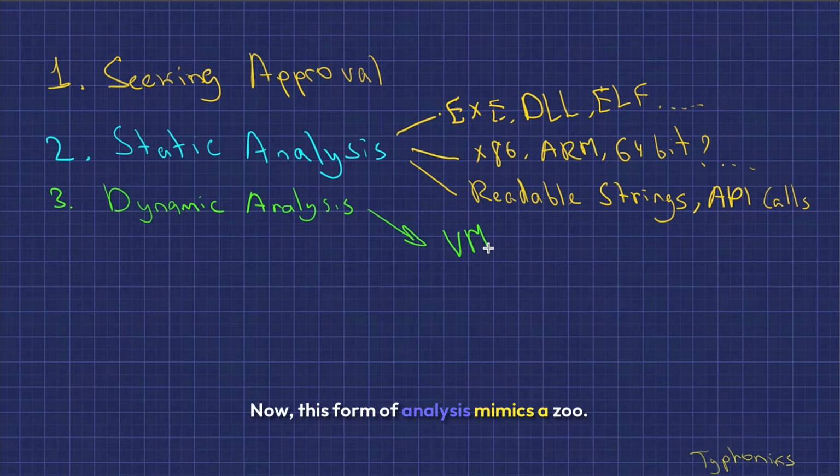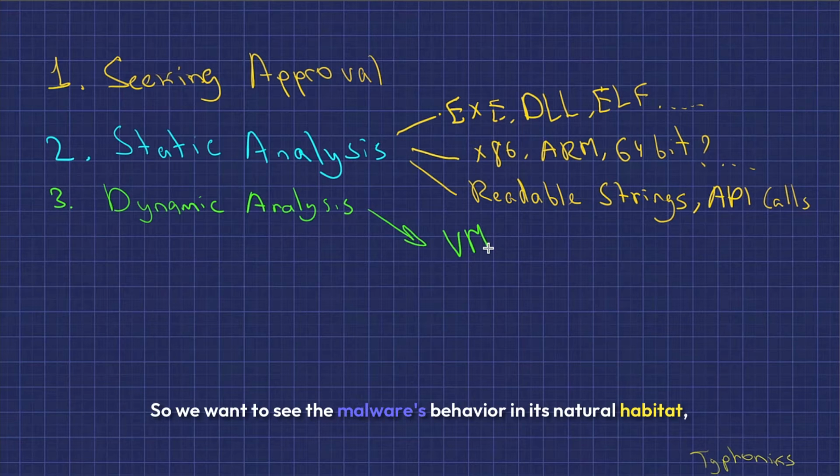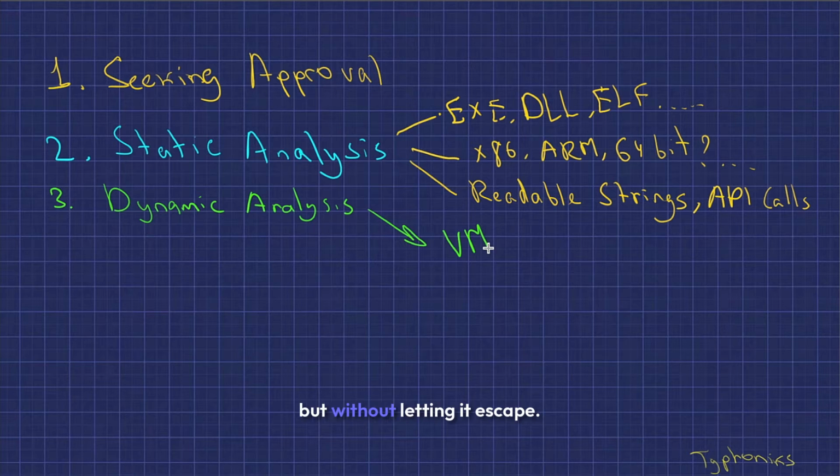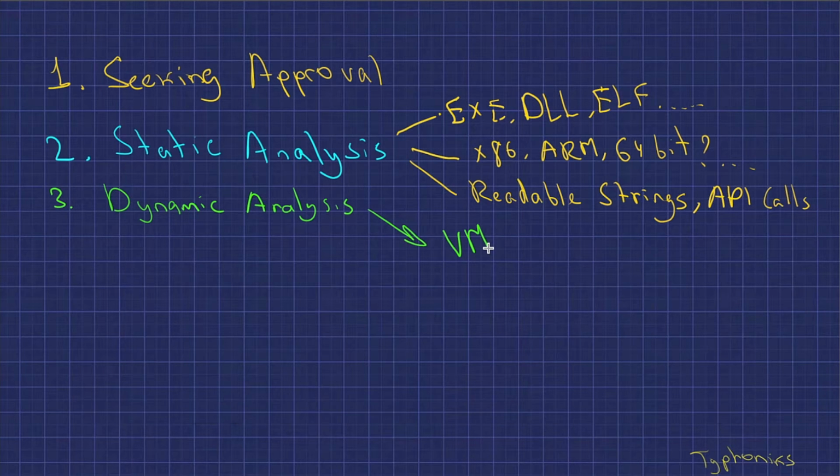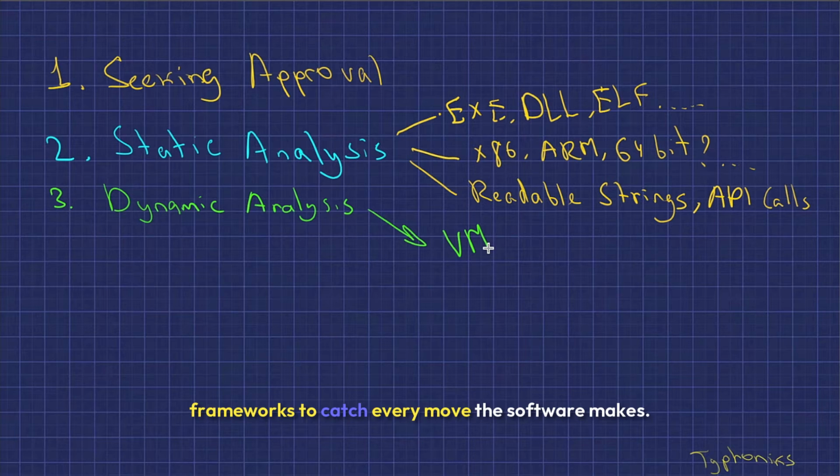Now, this form of analysis mimics a zoo. So we want to see the malware's behavior in its natural habitat, but without letting it escape. So we use logging tools, file monitors, network sniffers, and behavior analysis frameworks to catch every move the software makes.